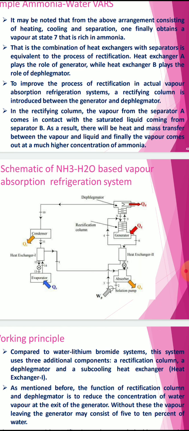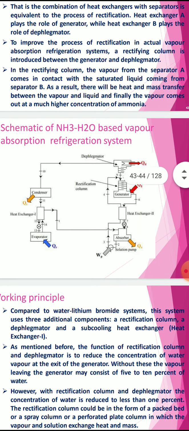So this cycle goes on. We call this a thermal compressor, and from here only ammonia refrigerant gets separated and comes to the condenser, and at the condenser heat rejection takes place, and the process goes on. Like this we get the refrigeration effect.